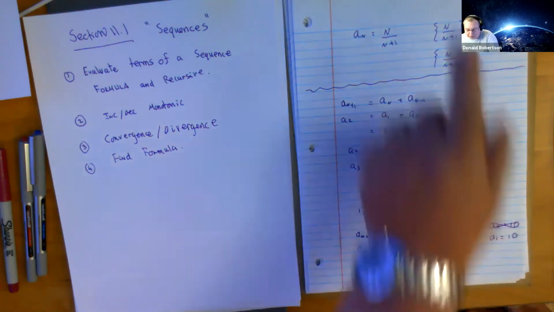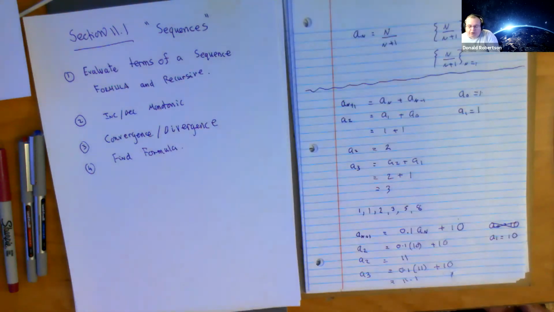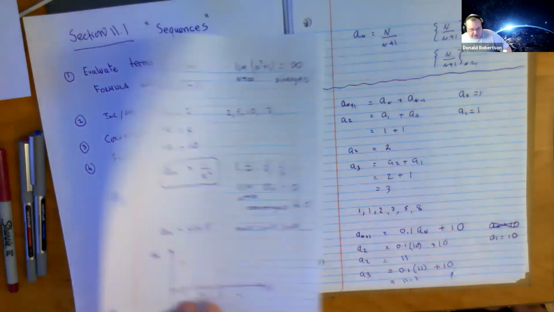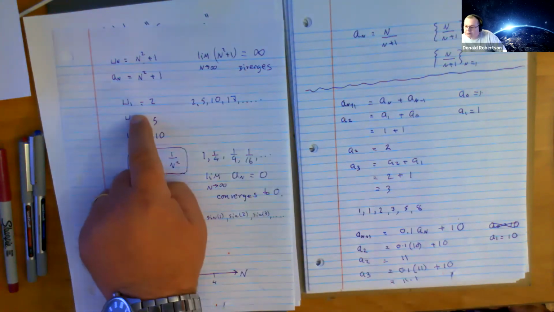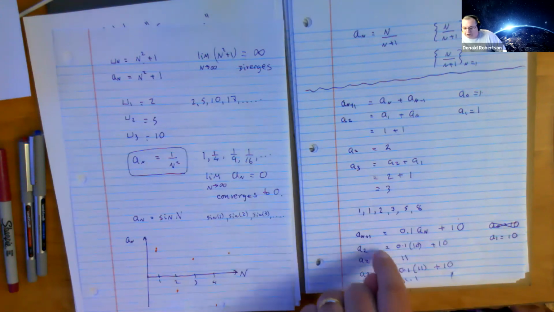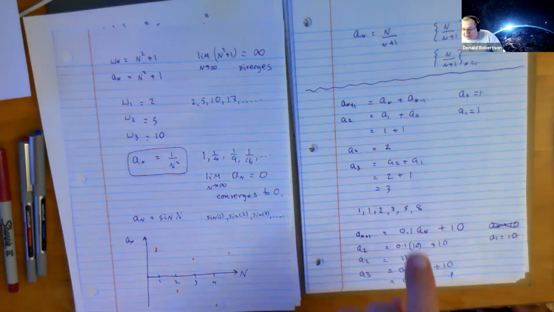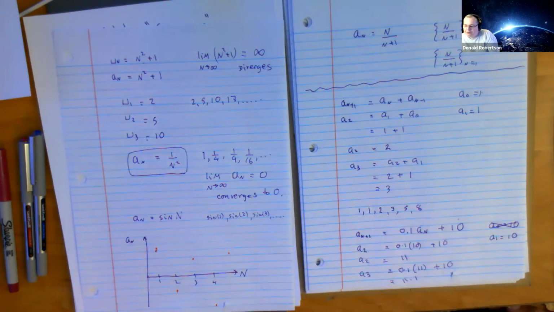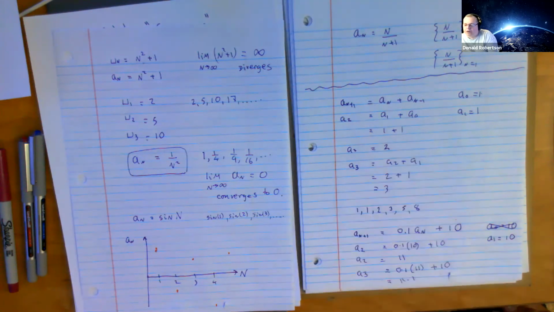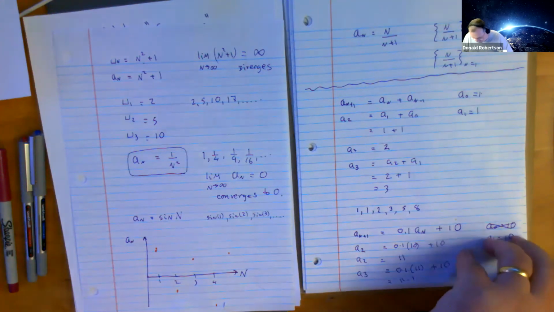If I give you a formula, can't you find the 100th term directly by just plugging 100 into n? If I ask you for the 100th term of a Fibonacci, or the 100th term of this fella here, don't you have to find the first 99 before you can get to the 100th? So computationally, these recursive relationships are not as user-friendly. But that's the way they are created.